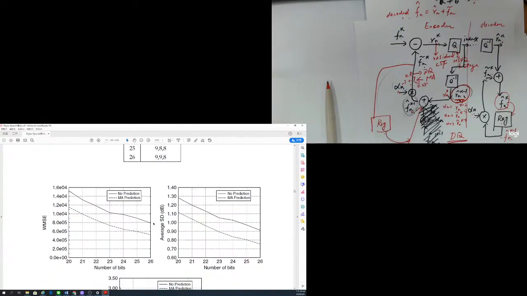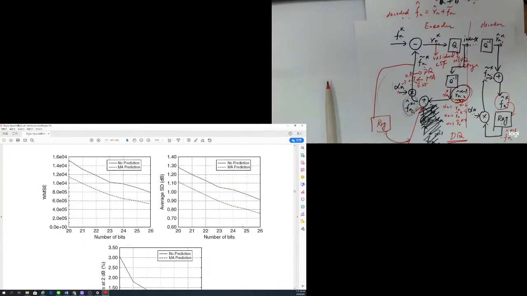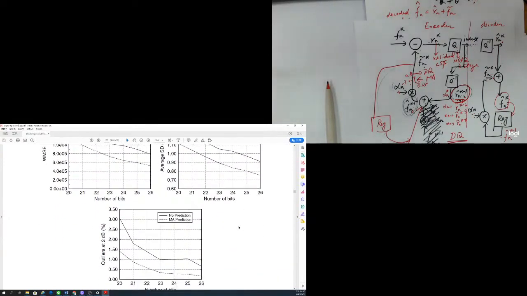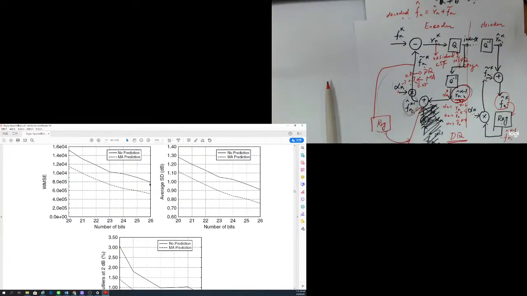You can see we have interframe prediction, and another one without, with moving average prediction. With moving average prediction, the performance becomes better. So what's the contribution here? The solid line is no interframe prediction, and the other is with interframe prediction, so they contribute almost 3 bits of efficiency.